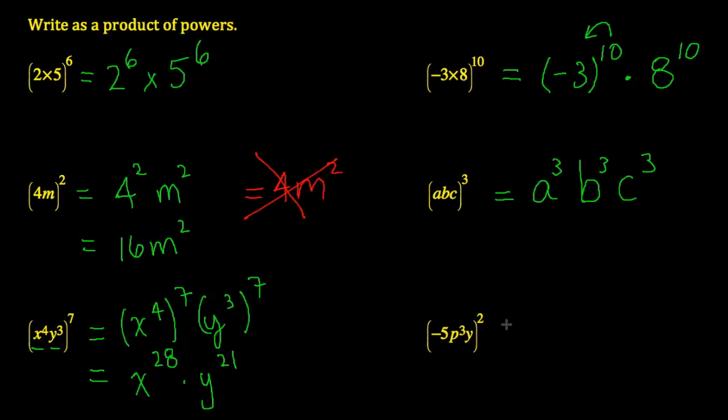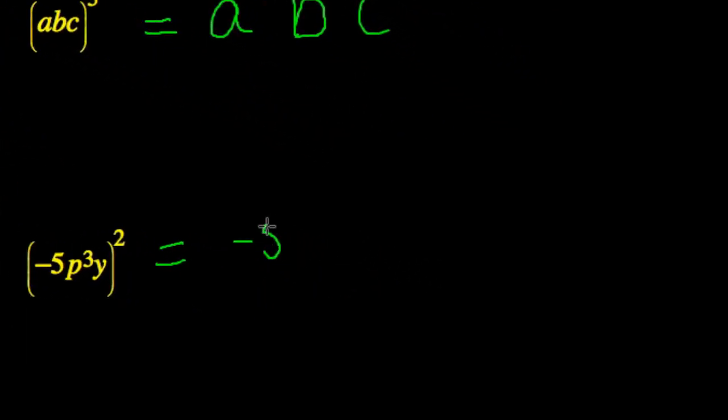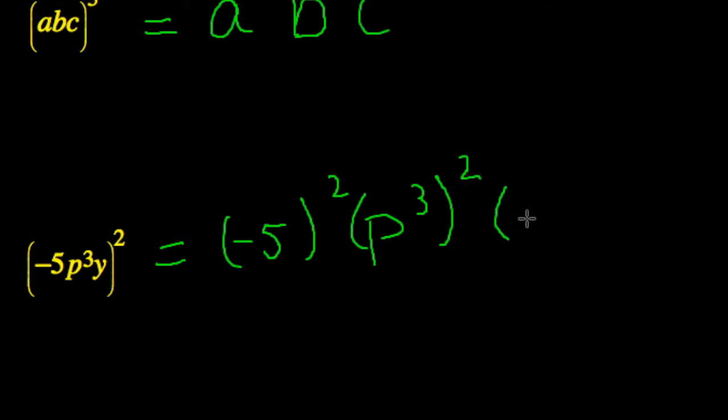One last one here. Negative 5 is going to receive the exponent 2. The p cubed receives the exponent 2, and the y receives the exponent 2. Negative 5 when squared is negative 5 times negative 5, and that's going to be 25.